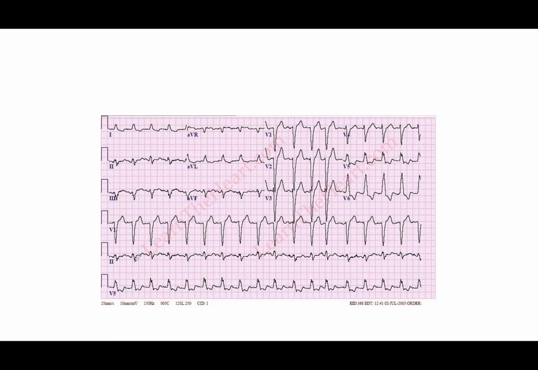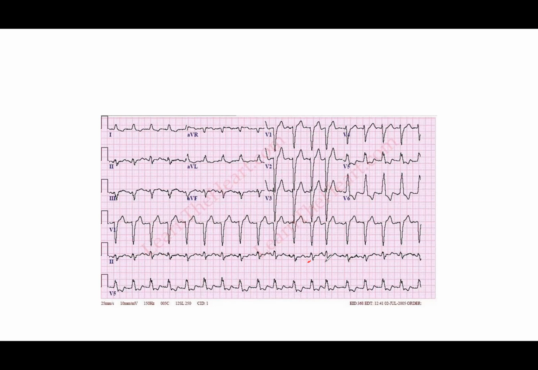So where are we at? I got P waves, right? P waves have pretty much the same morphology, hard to tell. P for every QRS? Yeah, looks like it. Got a little artifact in the rhythm, so it's a little hard to see, but they're there. P waves are there. PR intervals are within normal limits.